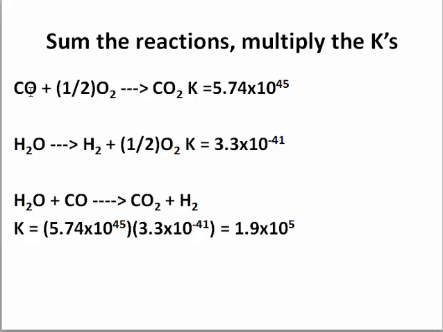When I do this, the reaction I obtain is the target reaction, the one I want information about. Here are the K values for the reactions I am summing, which I have just determined. The K value for this reaction can be found by multiplying the two K values for the reactions I am adding together.